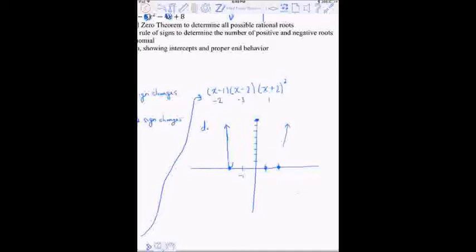That multiplies together to be 6. So it goes through -1 comma 6 to your y-intercept. Comes down to that 0. Now that 0 comes from this factor. It has multiplicity 1. It's odd multiplicity, so it crosses through. Comes back around and connects up with the other side.